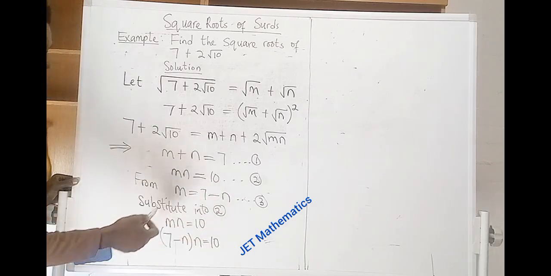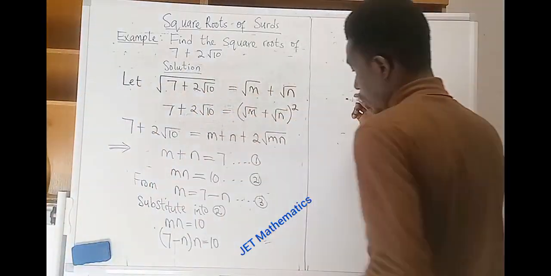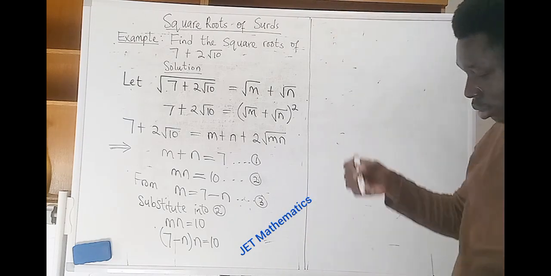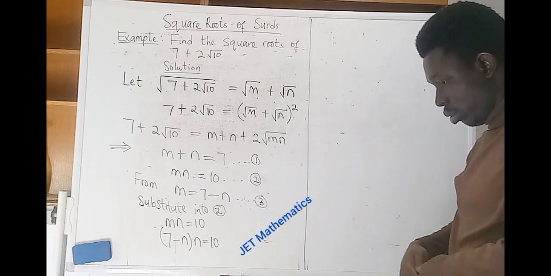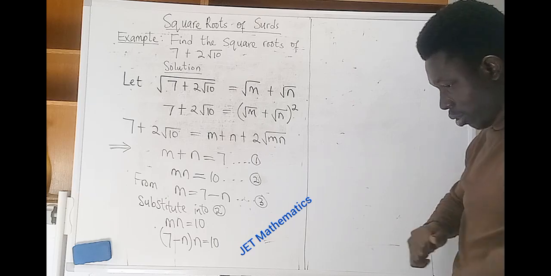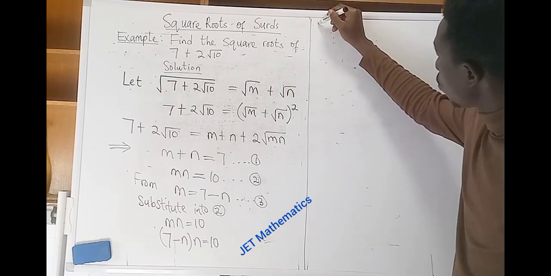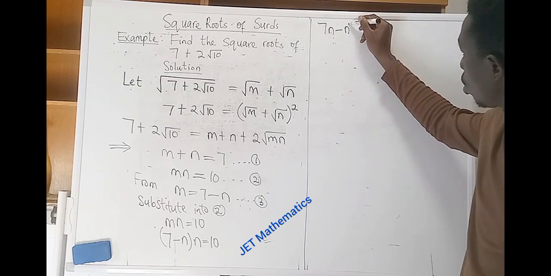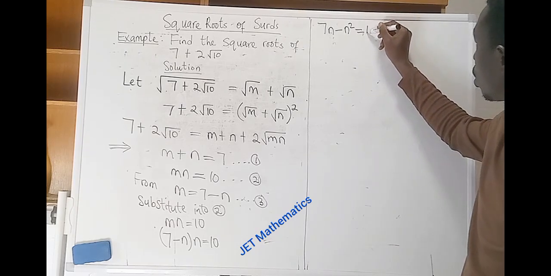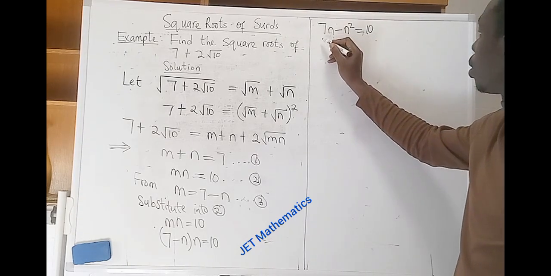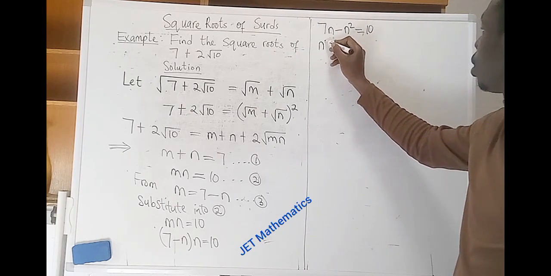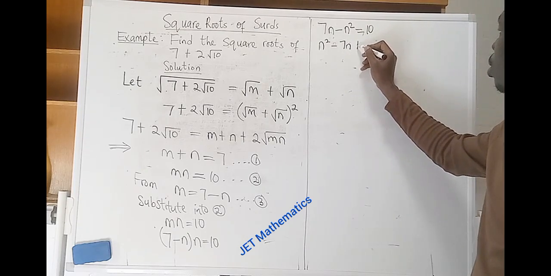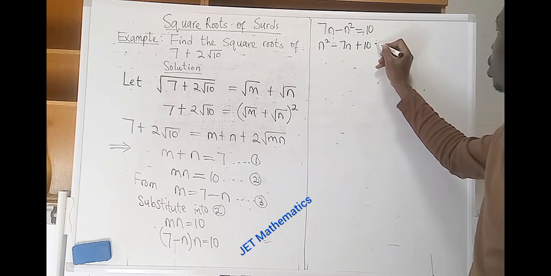So we can expand this and solve. We have 7n minus n squared equals 10. We can rearrange this to have n squared minus 7n plus 10 equals 0.